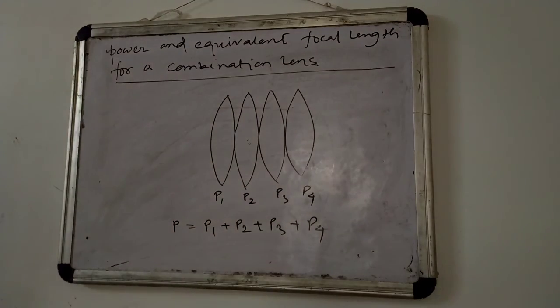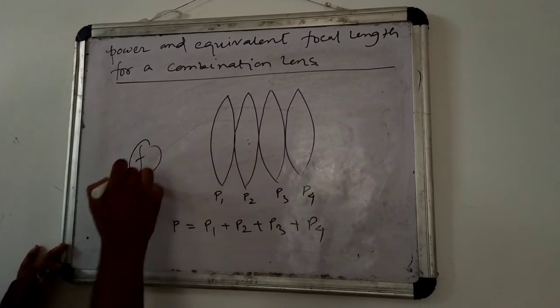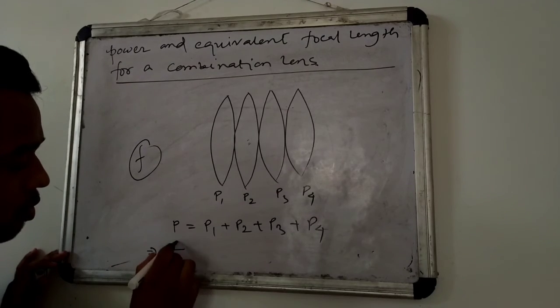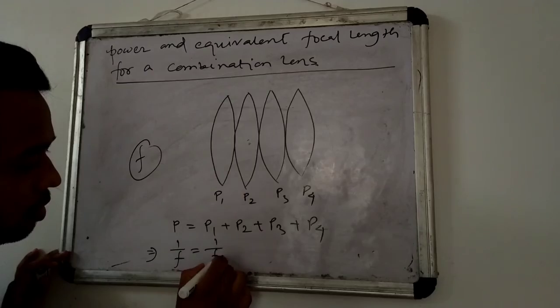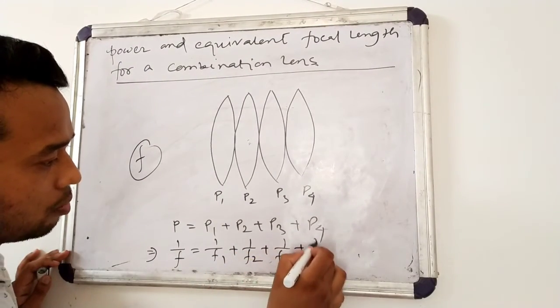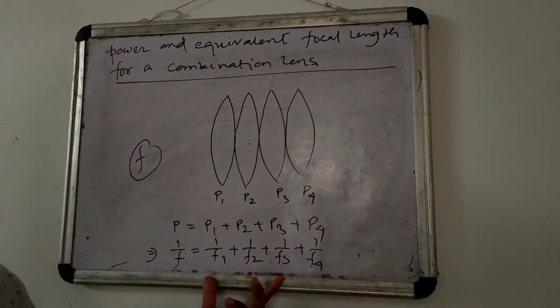Again, if F is the equivalent focal length of this combination, then 1 by F is equal to 1 by F1 plus 1 by F2 plus 1 by F3 plus 1 by F4. By using this formula, we can also find the equivalent focal length of this combination, where F is the equivalent focal length.